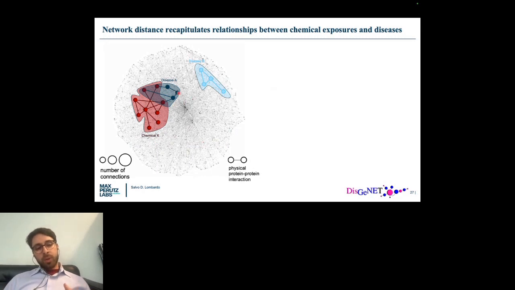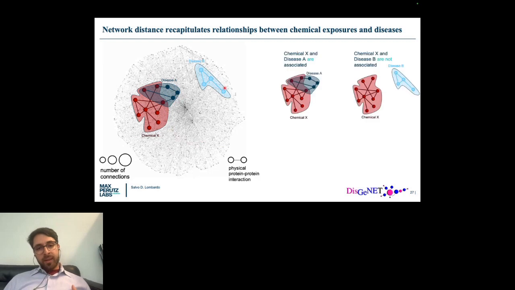And then we have proteins that are associated with diseases. Then we can say that a chemical and a disease are associated if they are close enough in this network, and they are not associated if they are distant in this network. I will define what a good measure of distance is later on in this talk.